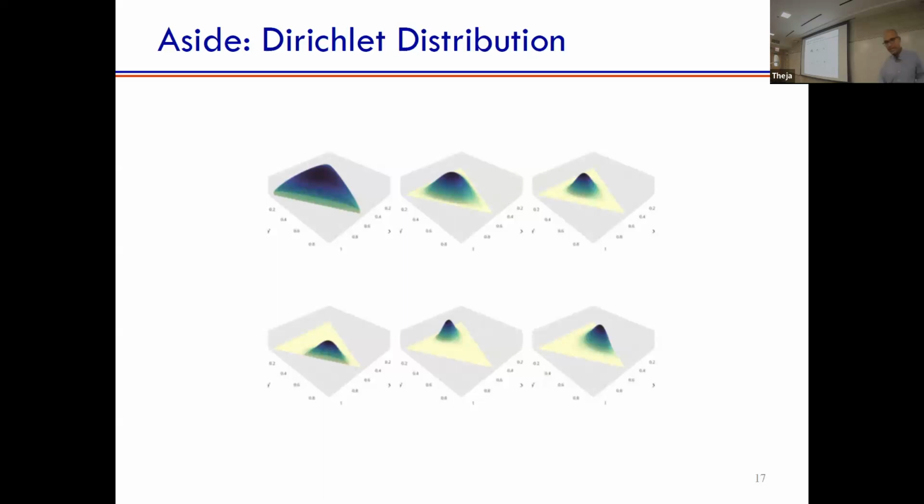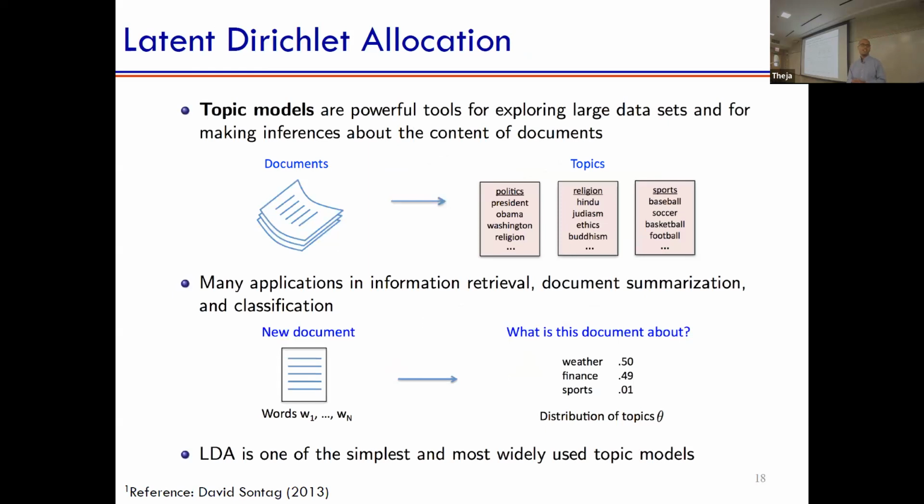Okay. Now, let's talk about latent Dirichlet allocation. That was just a description of the Dirichlet distribution. Now, what is LDA? LDA is also a generative model. I didn't mention too much about generative models when I was talking about the naive Bayes classifier, but generative models are called generative models because, if you define the model and all the parameters are known, then you can actually generate a new data point from the model description.